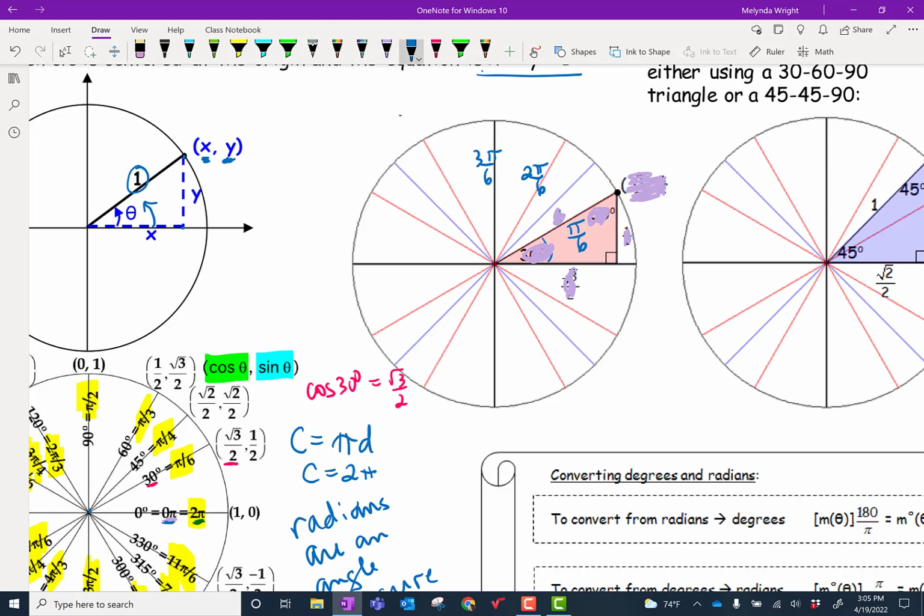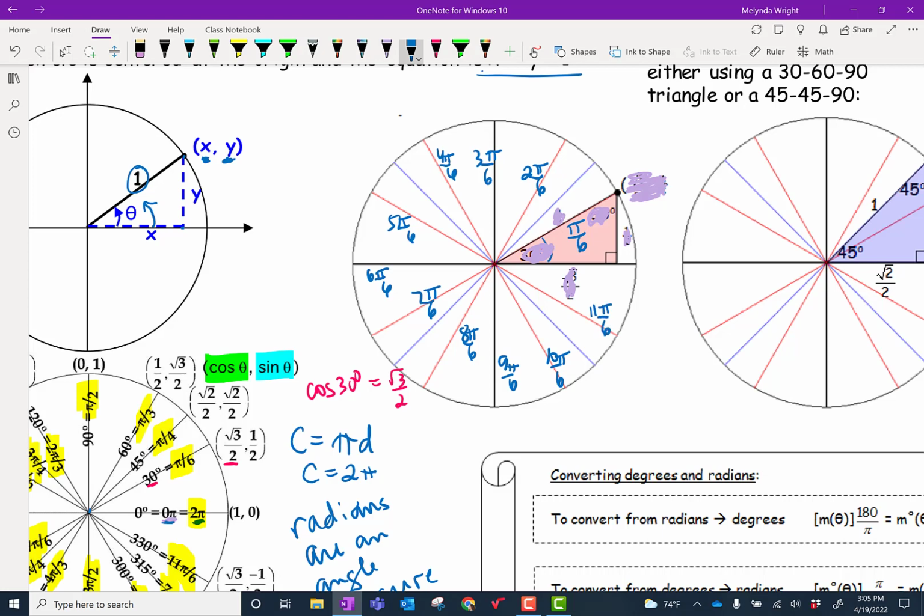The x and y axis are called the quadrantals. We do count that every time. 4 pi over 6. 5 pi over 6. 6 pi over 6. 7 pi over 6. 8 pi over 6. 9 pi over 6. 10 pi over 6. And 11 pi over 6.